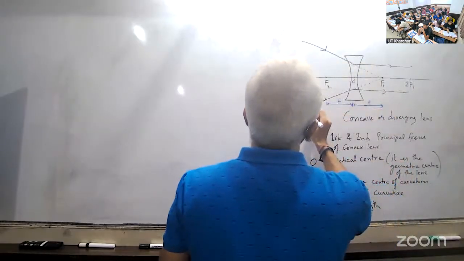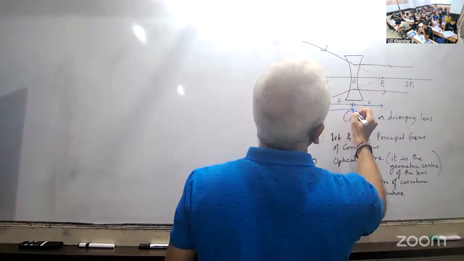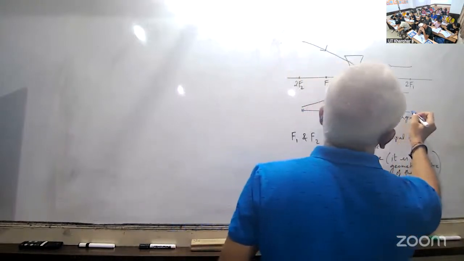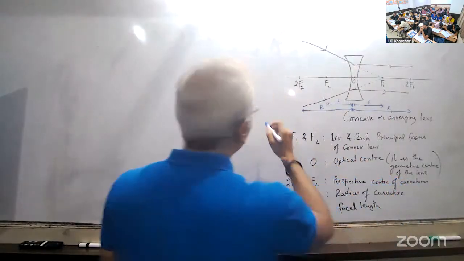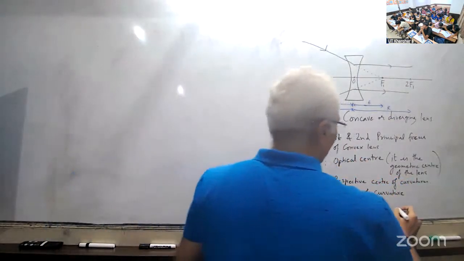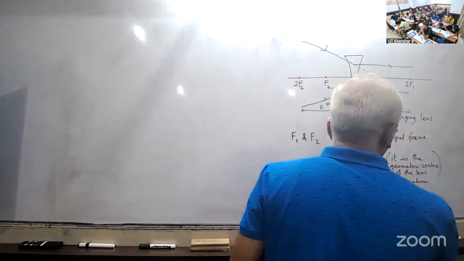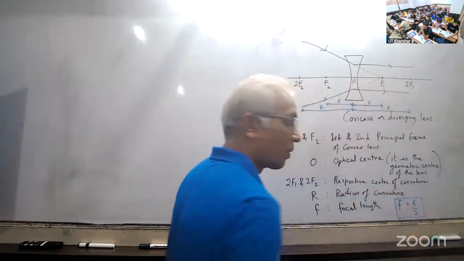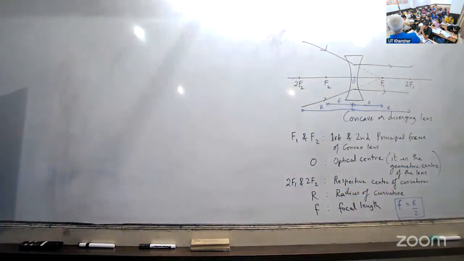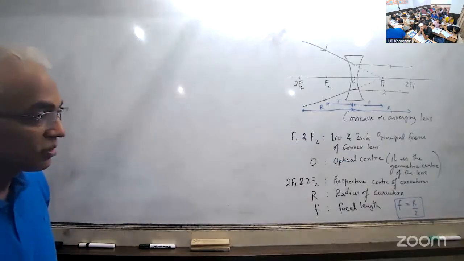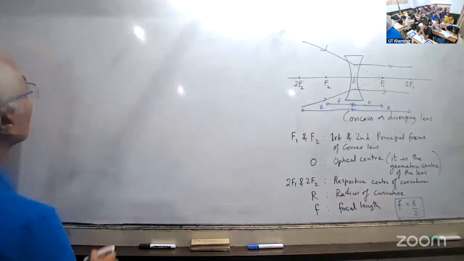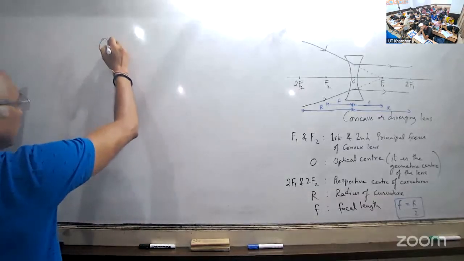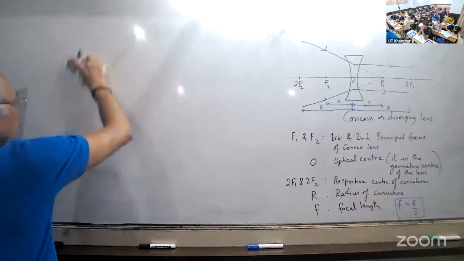What is the radius of curvature? What is the relation between focal length and radius of curvature? F is always R by 2. Focal length is always half the radius of curvature. Right. Now let us learn image formation by convex lens.